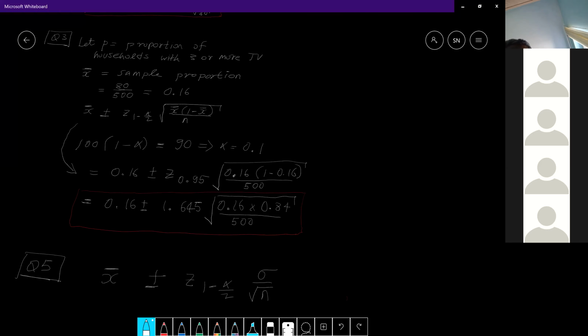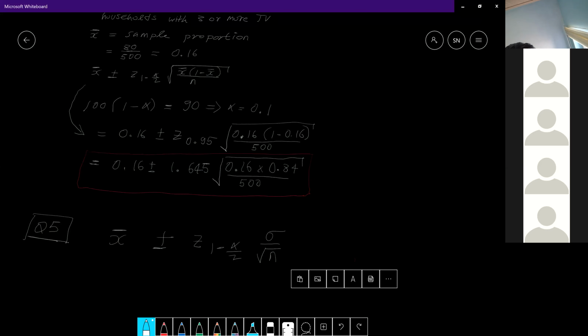Now the question talks about the width of the confidence interval. If this is the confidence interval, what is the width? Remember, the width is equal to the difference between the upper limit and the lower limit, which is 2 times z_{1-alpha/2} times sigma by root n.